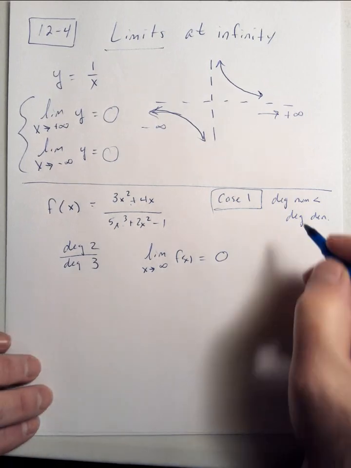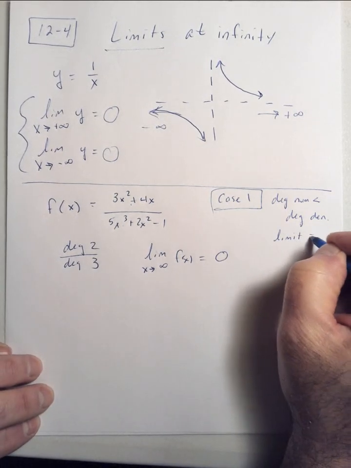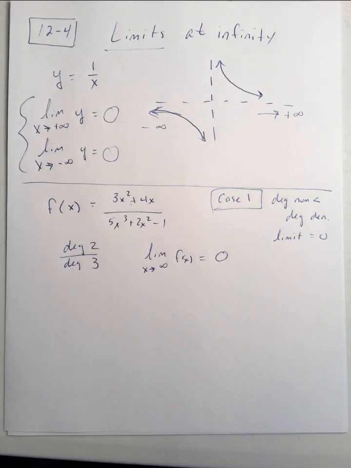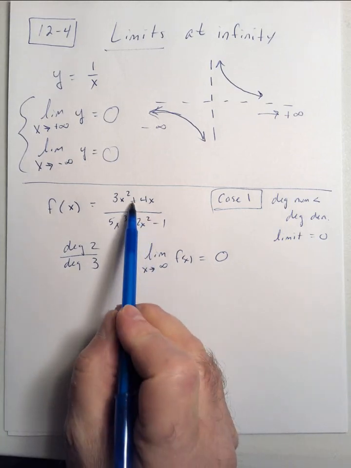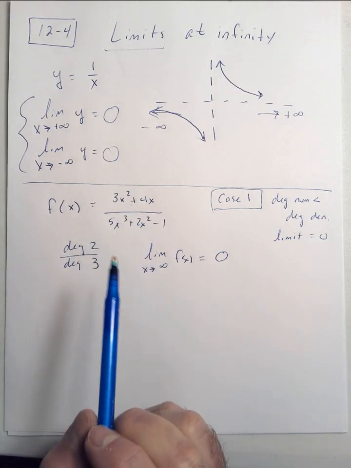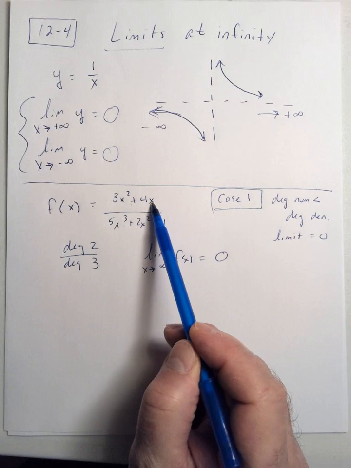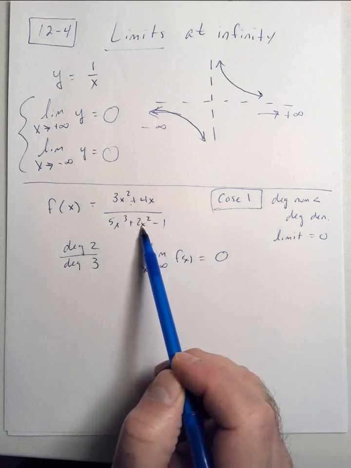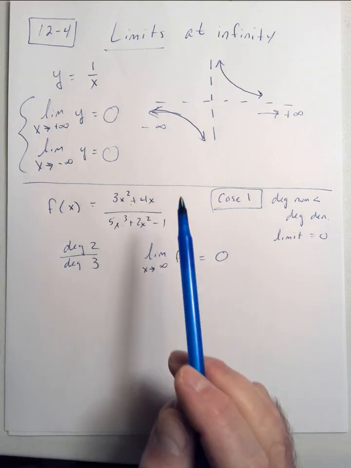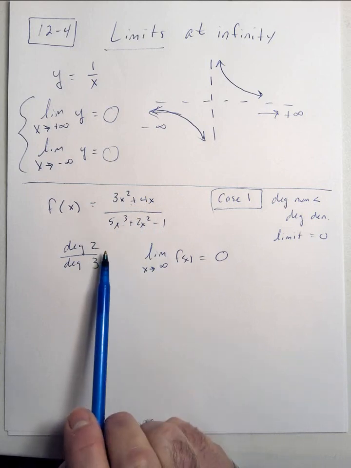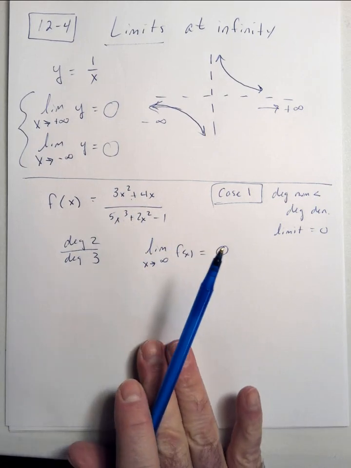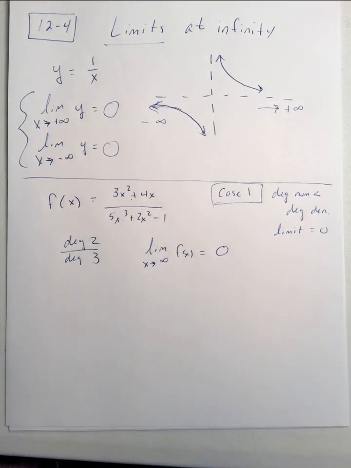And that's always the case when you have a rational function, and again, a rational function, in case you're wondering, is a polynomial over a polynomial. So in this case, we have a horizontal asymptote. The degree on the top is less than the bottom, so we're going to 0.